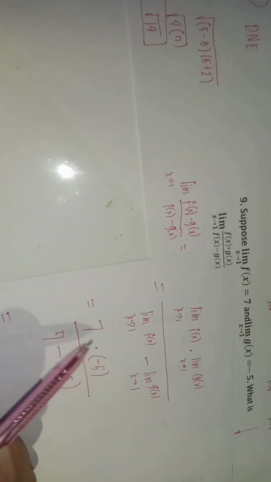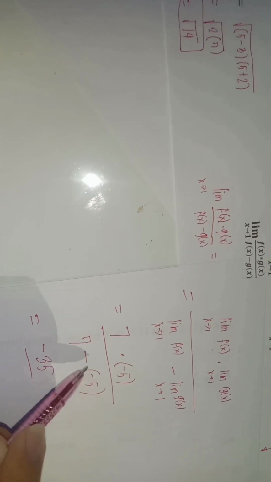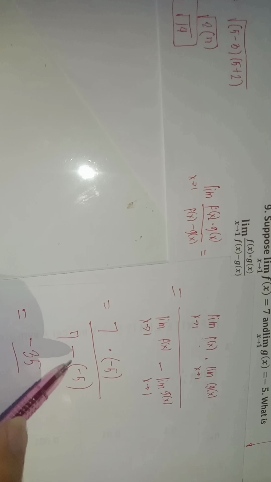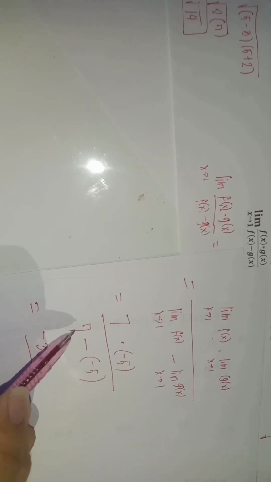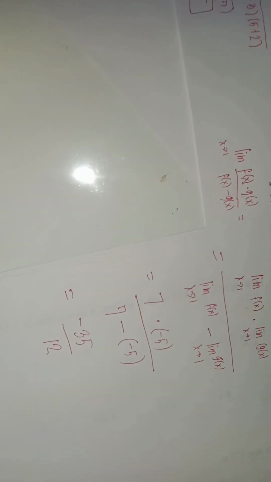Then we will simplify. 7 times negative 5 is equal to negative 35. We have 7 minus negative 5. So these two negatives will become 1 positive. So 7 minus negative 5 is also the same as 7 plus 5, and 7 plus 5 is equal to 12. So pwede na tayong, ito na yung final answer.